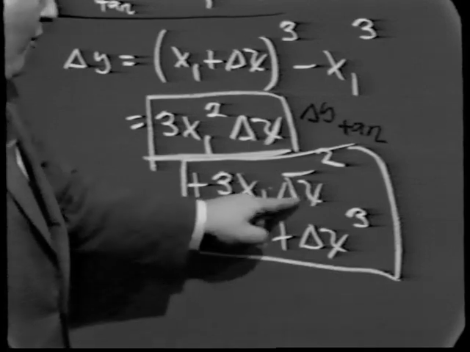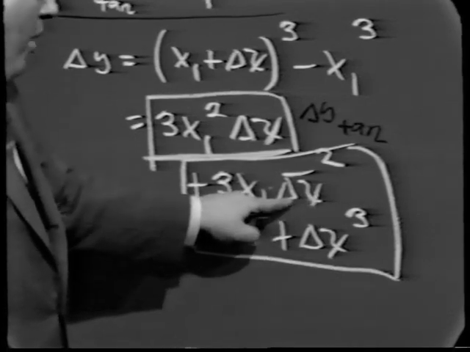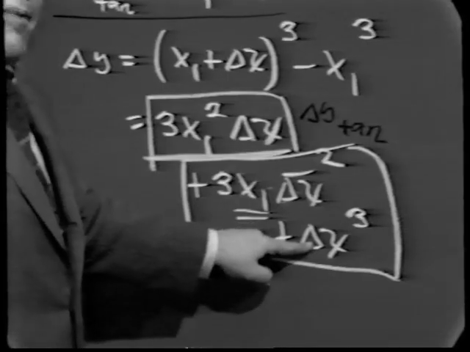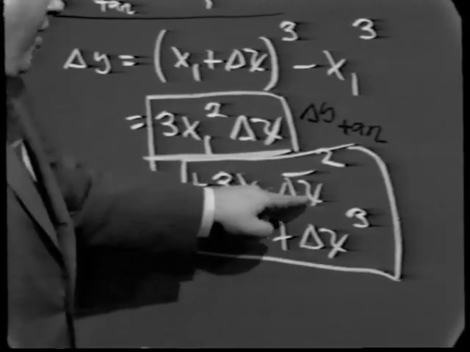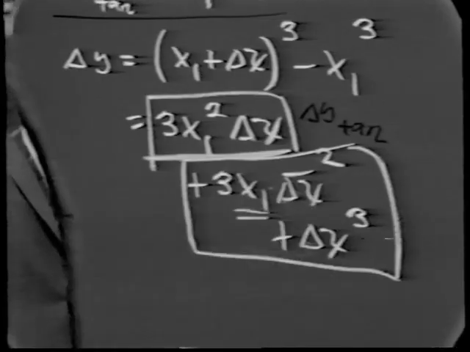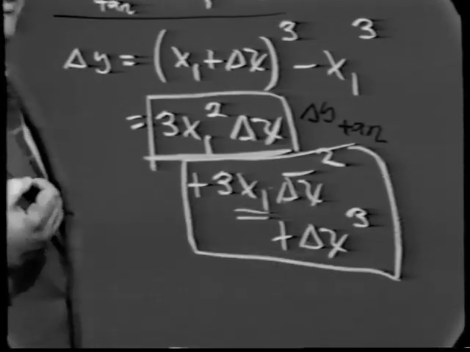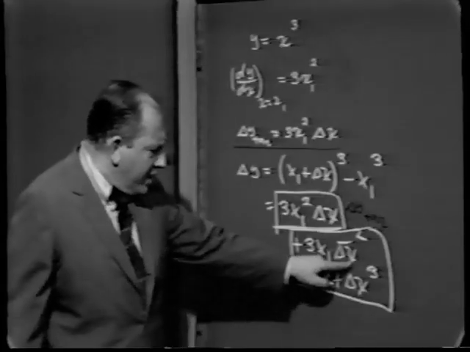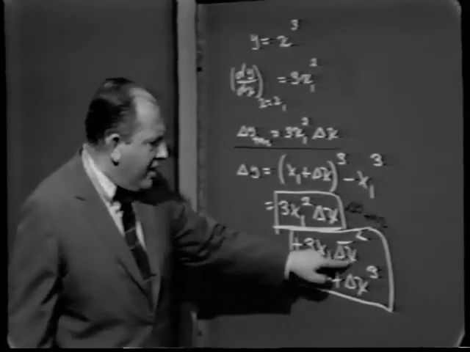In other words, notice over here that as delta x gets small, both of these terms get small very rapidly, because when delta x is close to 0, the square of a number close to 0 is even closer to 0.